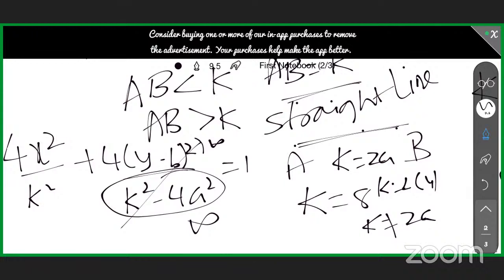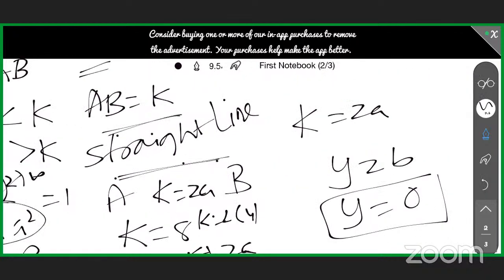So I can't use the equation 4x square by k square plus 4 of y minus b whole square by k square minus 4a square is equal to 1, because the entity is becoming 0 for infinity. Therefore, I'll be using the second equation. When k is equal to 2a, the equation of that curve is y is equal to b.